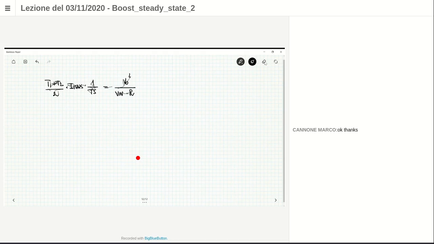Okay. Now I can replace T1 plus T2 with T1 V naught minus V in over L, multiplying Imax, but Imax is V in over L multiplied T1 multiplied 1 over Ts. So this is Imax.